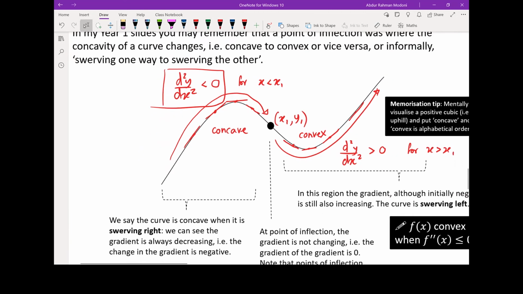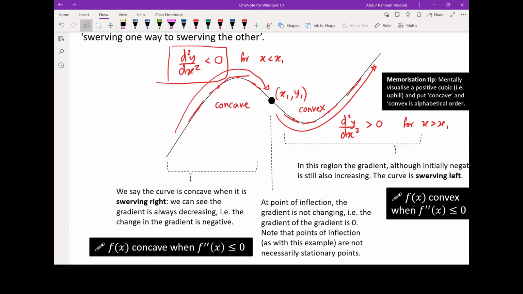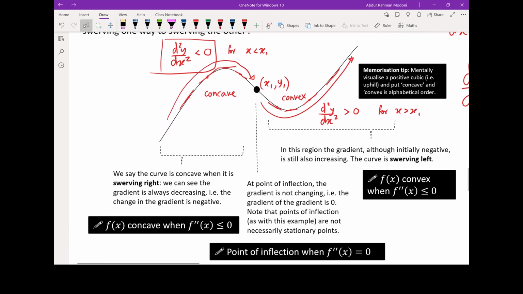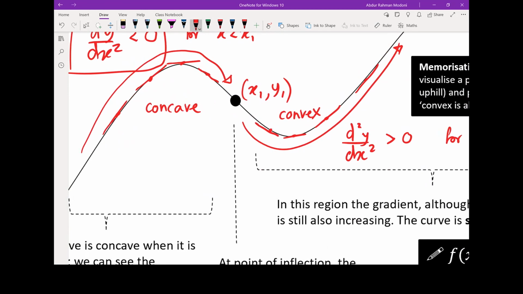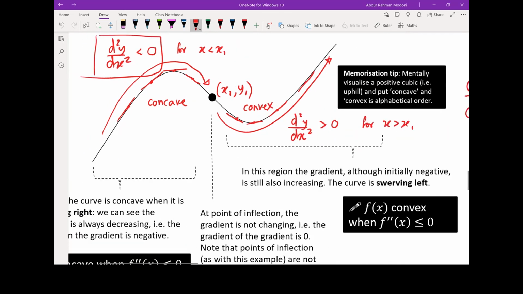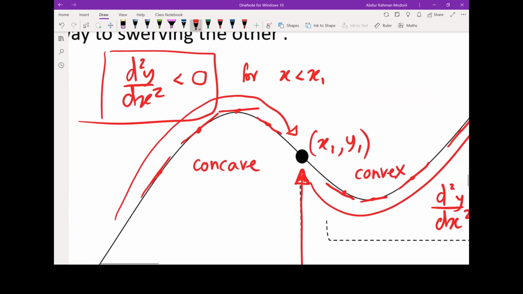So that's kind of understanding how we refer to different parts of the curve, and we can say it's convex, concave, and so on. But this point here in the middle, at that point, what's happening is the curve starts going from concave to convex, that particular point. And this point here is referred to as the point of inflection, where the curve changes from being concave to convex, i.e. where the second derivative is equal to 0. Because look at that, our second derivative is less than 0.